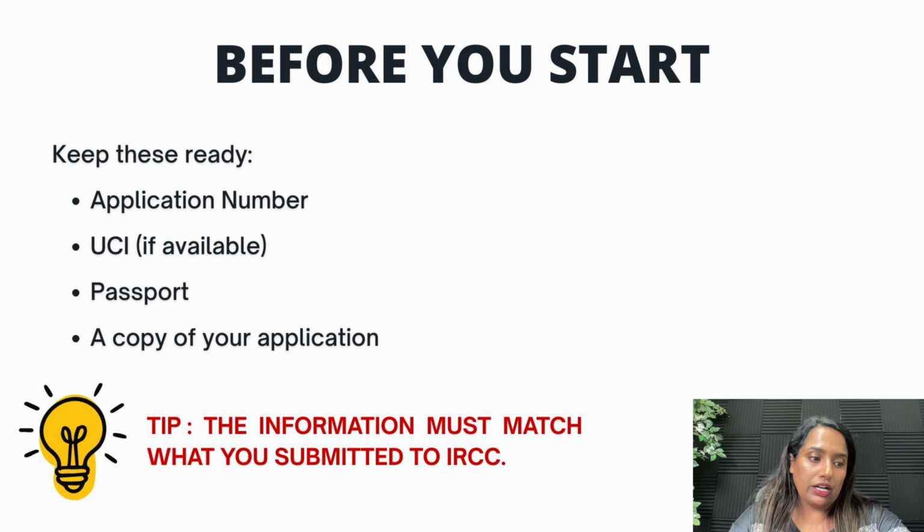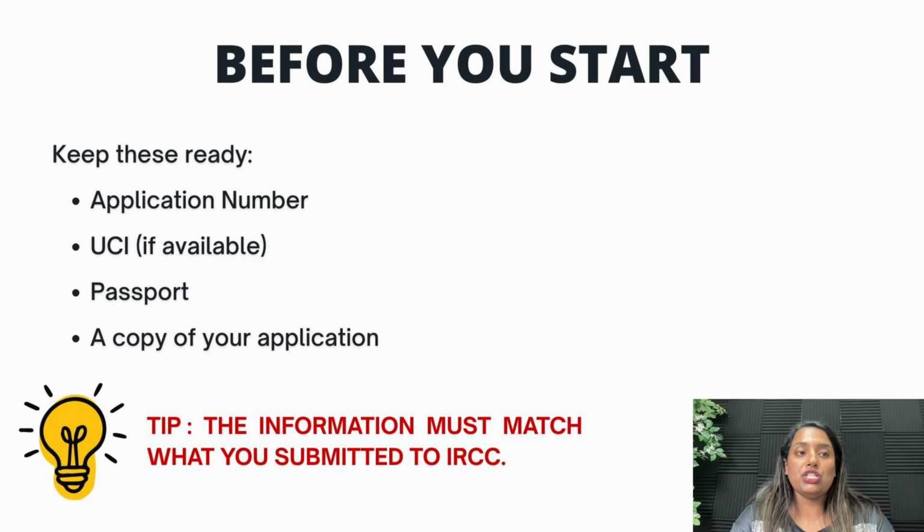Before you get started, you will need your application number, your UCI number, your passport number, and a copy of your application. The information that you enter in the IRCC GCKey account needs to match what you submitted to IRCC.